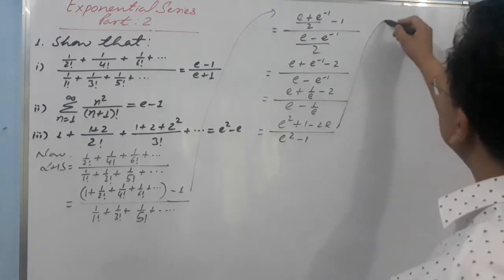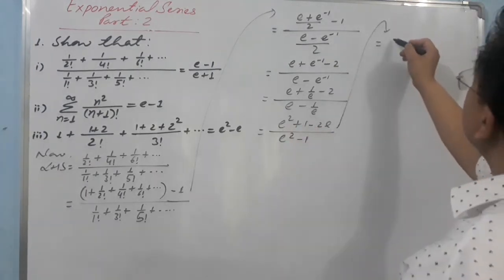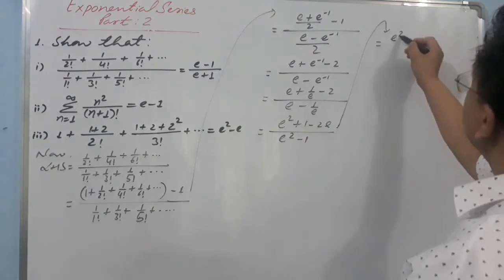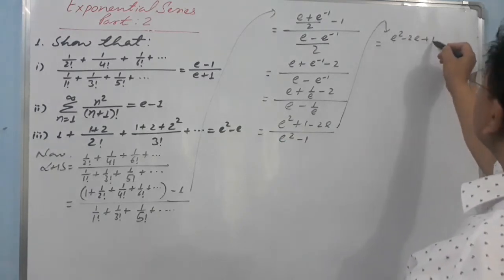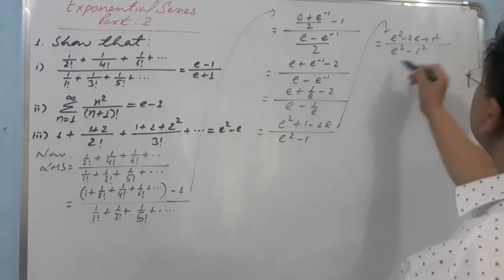So after this I'm writing here is equal to, if you see, this one is (e^2 - 2e + 1) over (e^2 - 1).